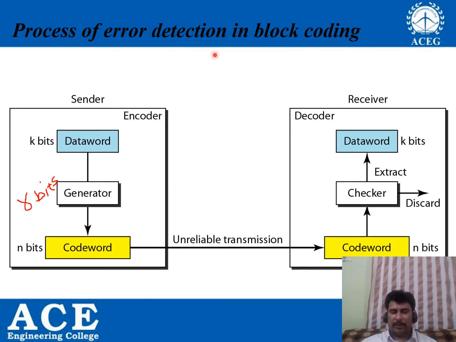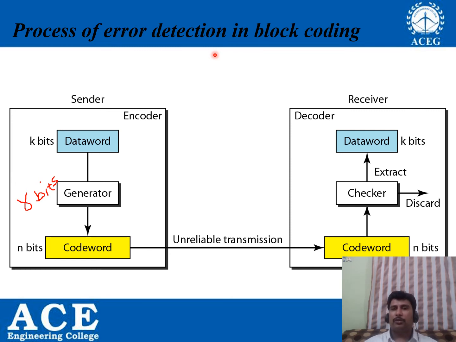Let us once again put it simply. Divide the data into smaller units called blocks. In each block, the data is referred to as a data word. Using those data words, we generate some redundant bits, add the redundant bits to the data word, convert it into code words, and transmit the code words to the receiver.